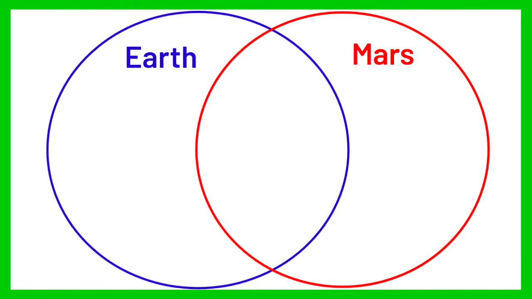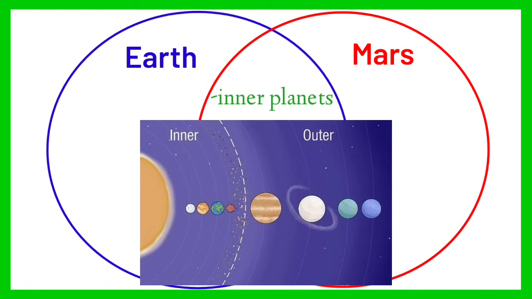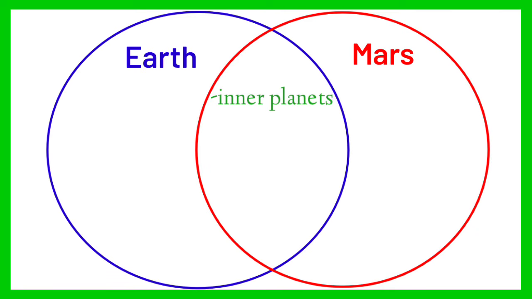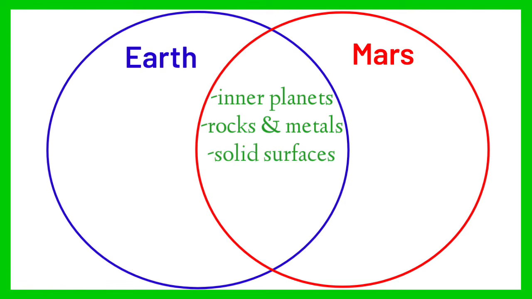Earth and Mars are both planets, particularly inner planets. These are the planets whose orbits lie between the Sun and the asteroid belt. Another similarity. They are made of rocks and metals and have solid surfaces. Also, both planets have satellites that orbit them.